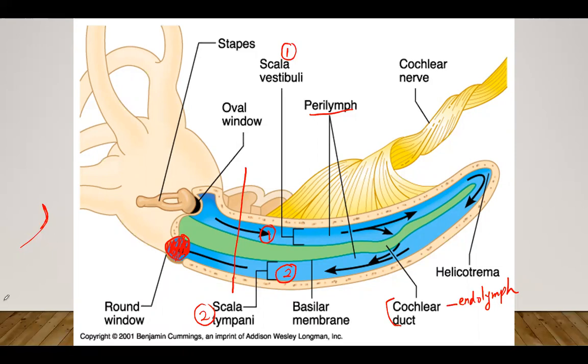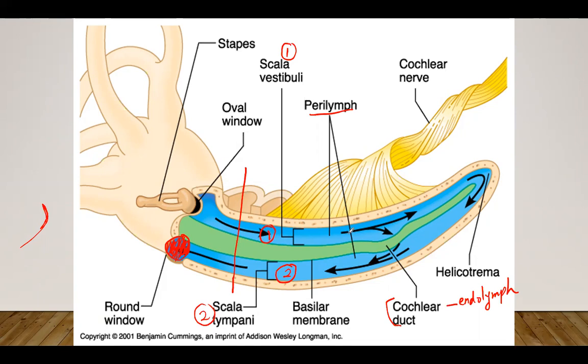When you think about sound, the vibration of sound comes through the external acoustic meatus, hits your tympanic membrane, which causes the vibration of the tympanic membrane, the malleus, the incus, and the stapes. The stapes passes those vibrations through the oval window to your Scala Vestibuli. So this fluid starts to vibrate. Now here is very important, guys.